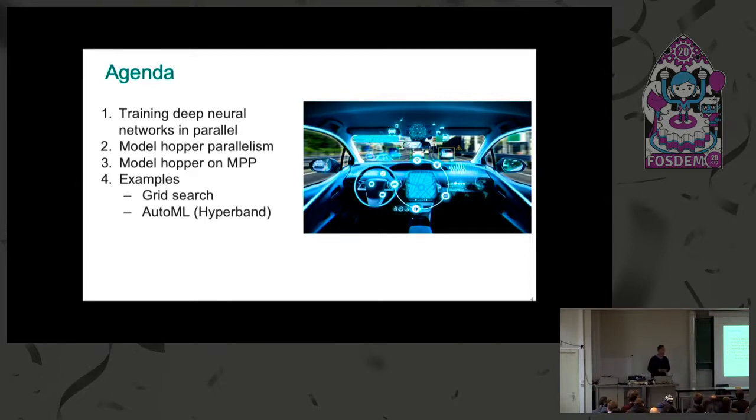Secondly, to introduce you to something called model hopper parallelization, which is based on the work that UC San Diego did in this area. Talk about an implementation of model hopper on a massively parallel processing database. And then give a couple of examples, one with grid search and one with automated machine learning, using a method called Hyperband.